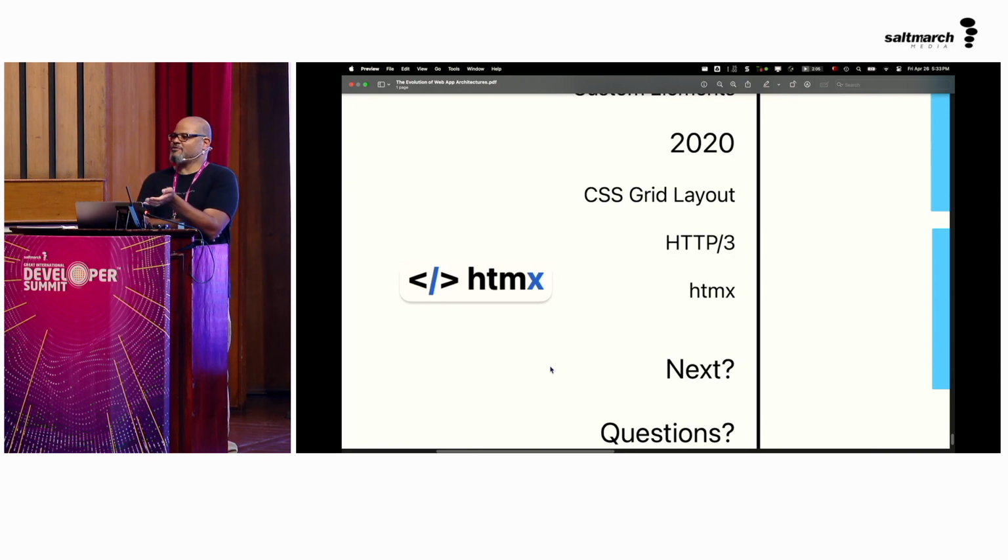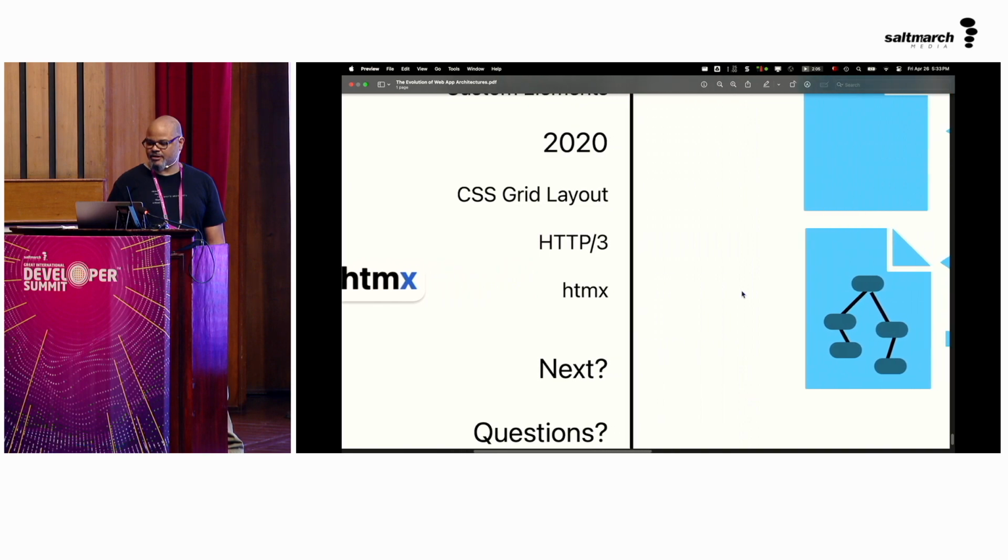But you don't actually have to write any JavaScript. Whenever it makes a request, you can get back HTML to do an update, which is essentially AJAX, right? I've heard a lot of people talk about this, but to me, this reminds me of the frameworks we had 10, 15 years ago that did AJAX. But it's out there now. It's actually gaining some traction. So we'll see what happens later.